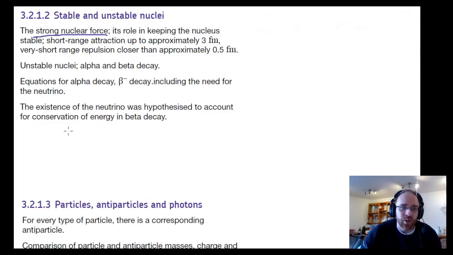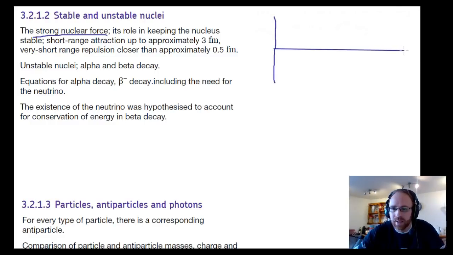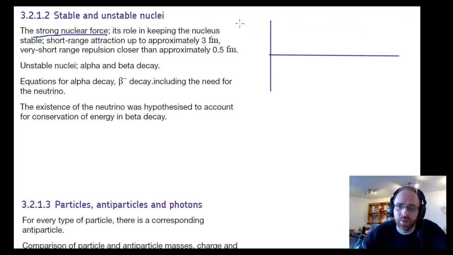Right, strong nuclear force is a bit of a weird one, because if we do a graph of... Oh, can I do straight lines? Yes. Excellent. Bam, bam, bam. See, I'm remembering stuff. If we do a graph of force against distance, so the magnitude of a strong force against distance, positive forces are repulsive, negative forces are attractive.